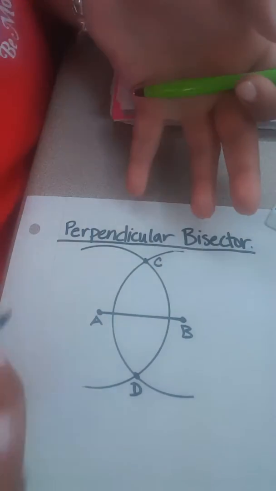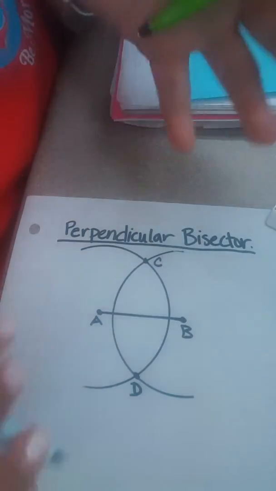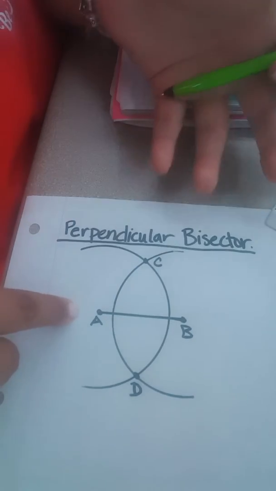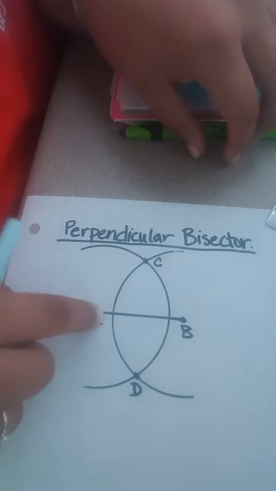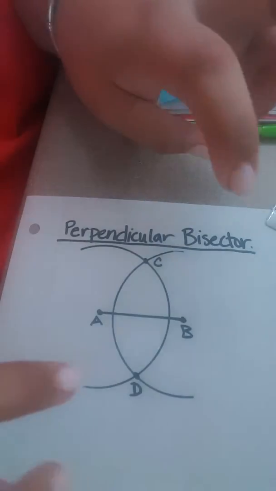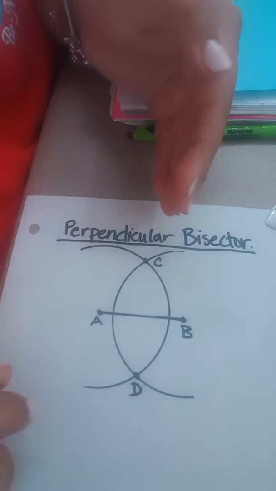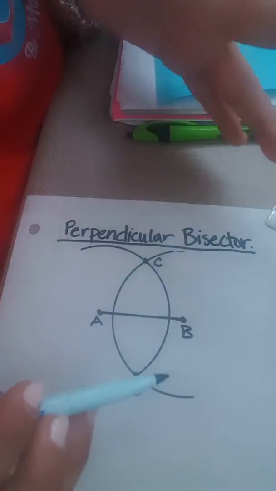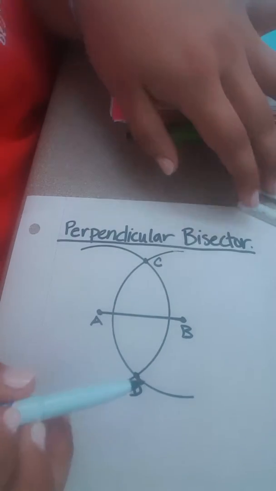And so we said we're going to make a perpendicular bisector of segment AB. And so we know that perpendicular means that it's going to cut the line segment at a 90-degree angle, and bisector means it's going to be cut in the middle, in half.